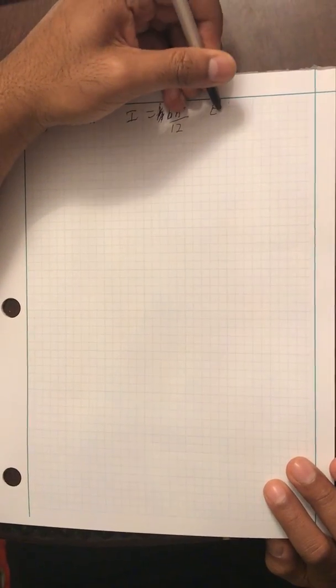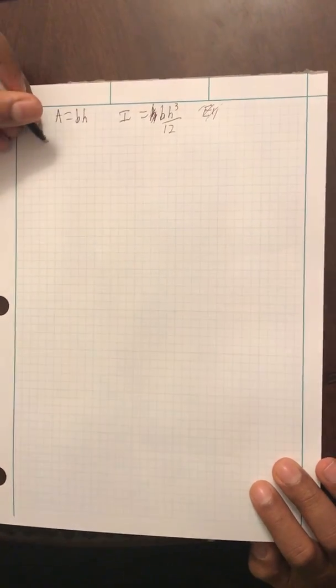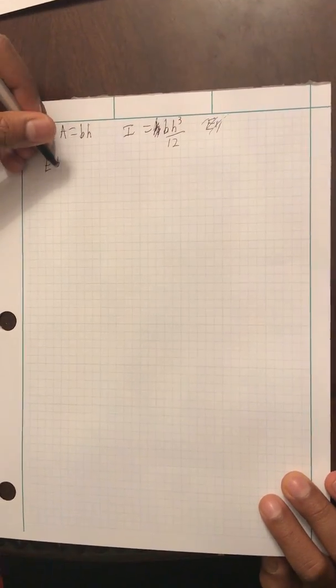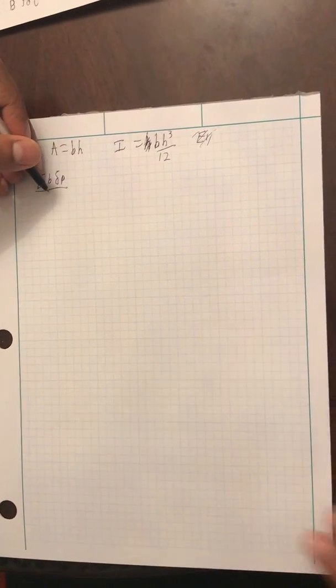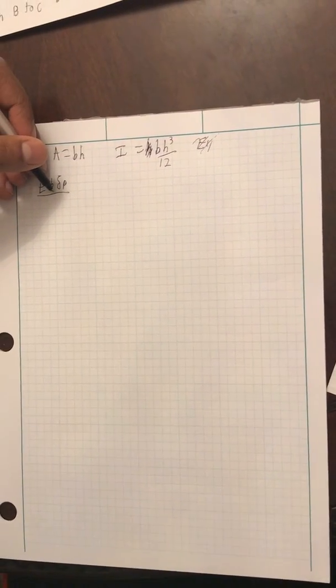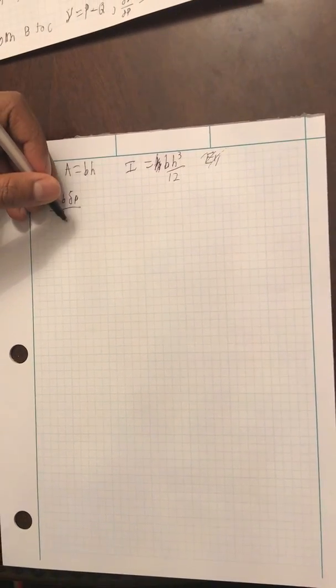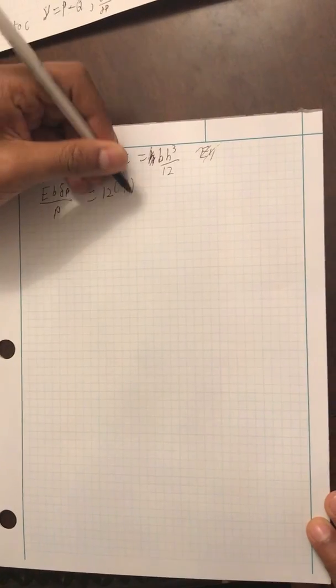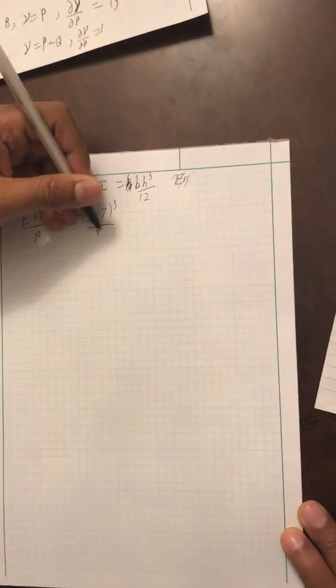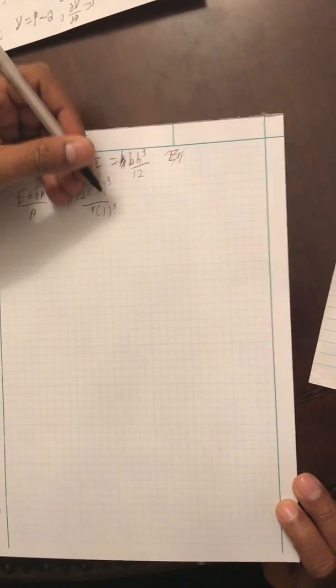From this, E b delta P over P equals 12 times 7 cubed over 8 times 1 cubed.